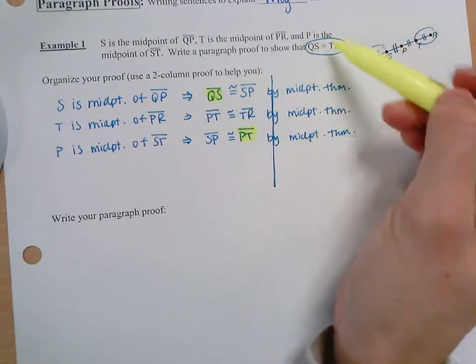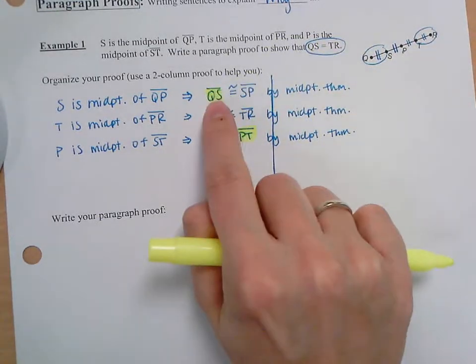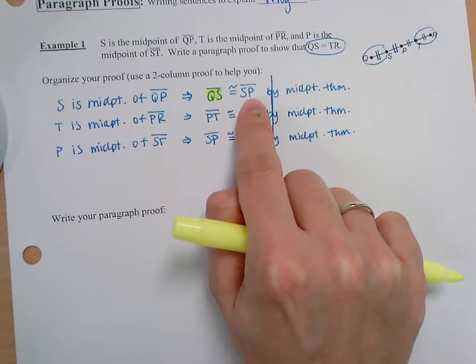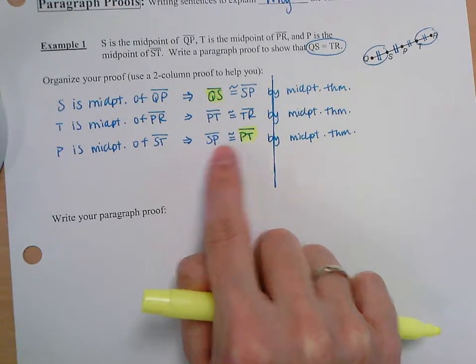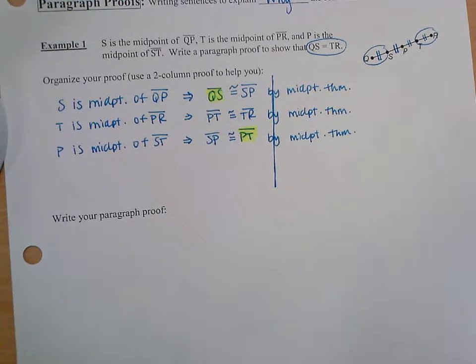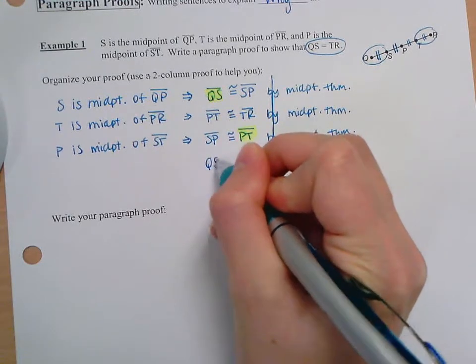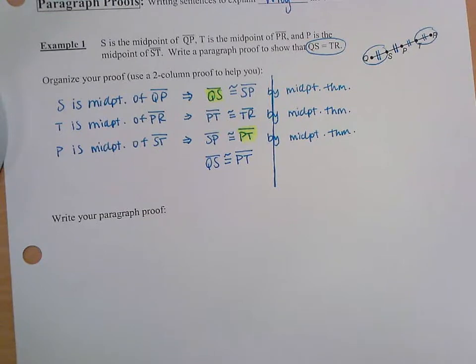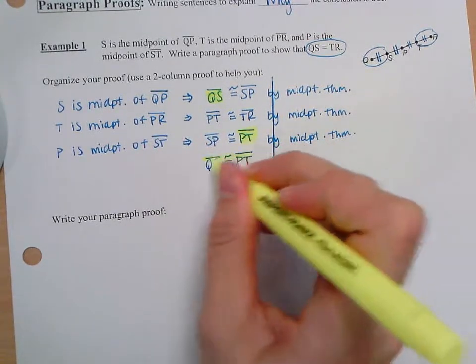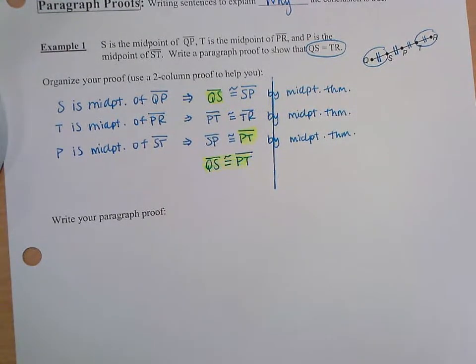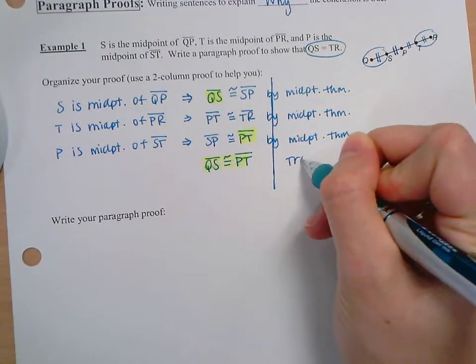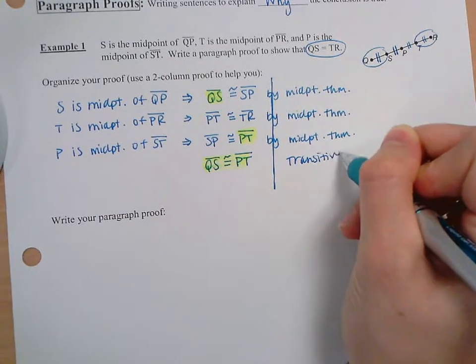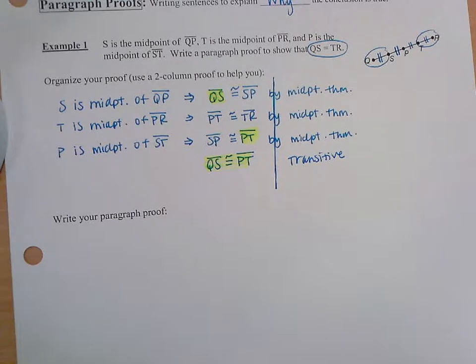So I can't jump straight to saying this, but if I know QS is congruent to SP and SP is congruent to PT, I can say QS is congruent to PT. And what reason did I just use? That is the transitive property.